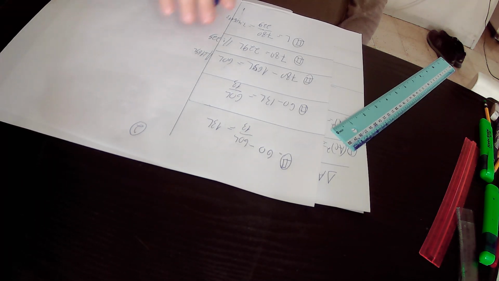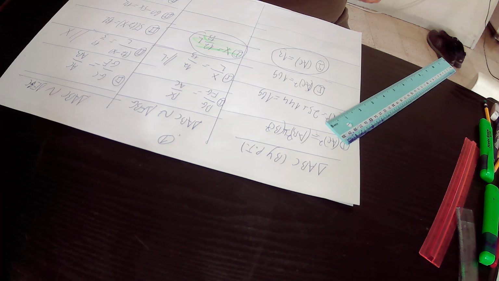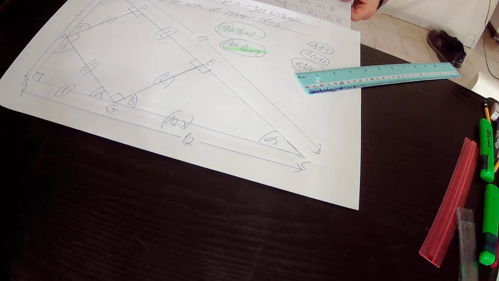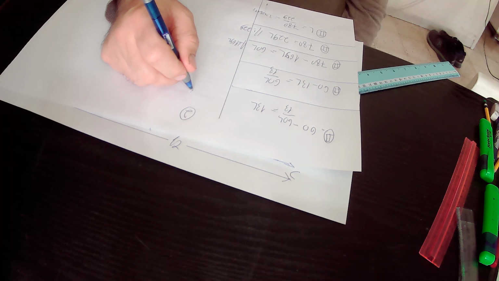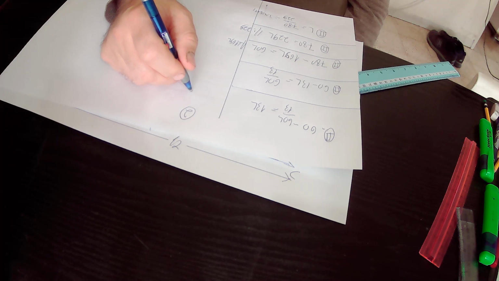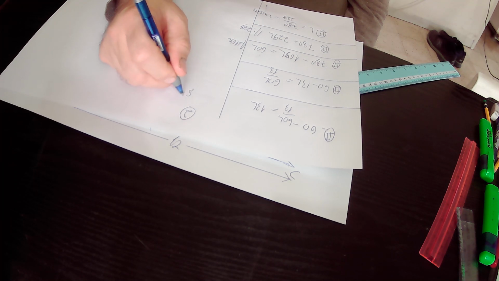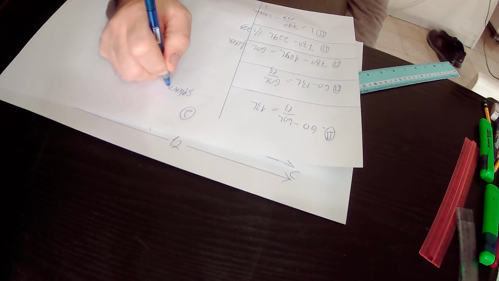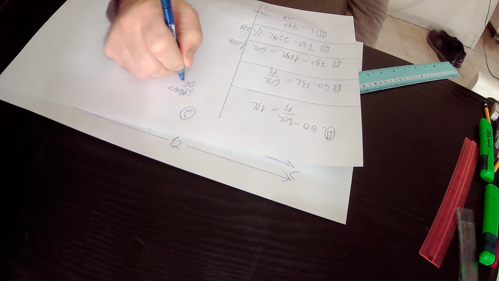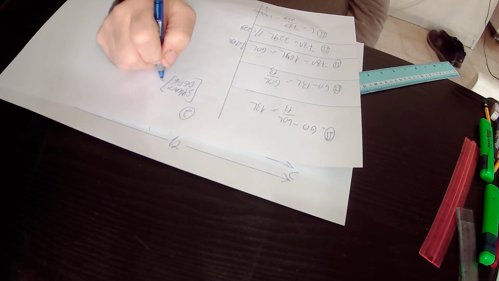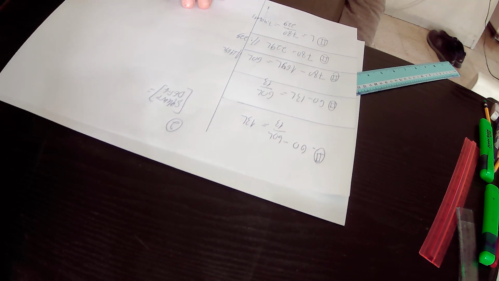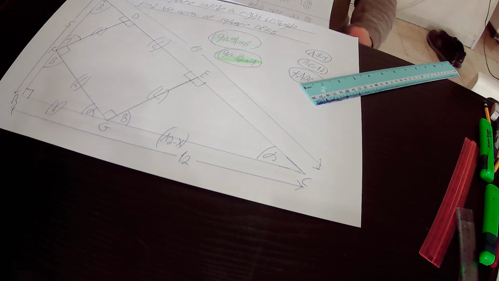Our mission is to find the area of this square DEGF. The area of square DEFG will be equal to the size of one side squared.